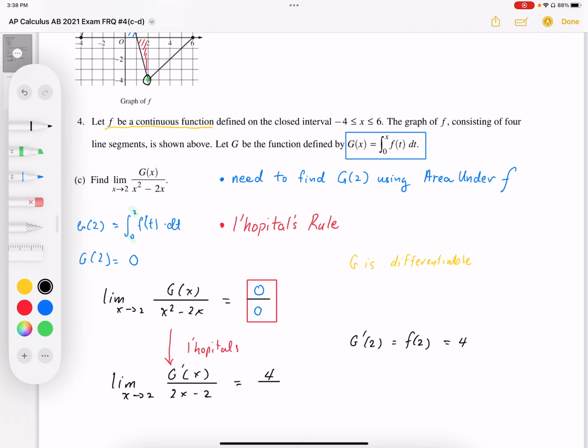In the denominator, when we plug 2 in, we end up with 4 minus 2, which is equal to 2. So that's going to be negative 4. Okay, and then that is the limit of g of x over x squared minus 2x as x approaches 2. So the limit is equal to negative 2.